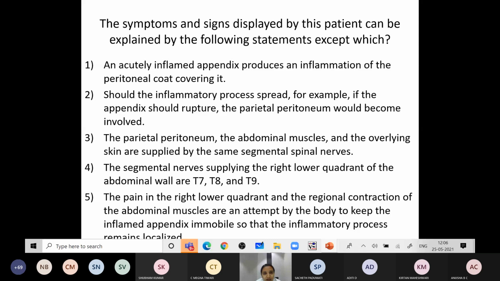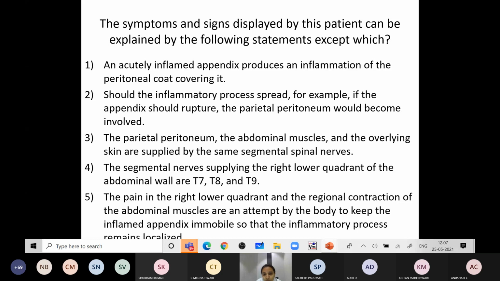The symptoms and signs displayed by this patient can be explained with the following statements, except which: an acutely inflamed appendix produces an inflammation of the peritoneal coat covering it. Should the inflammatory process spread, for example if the appendix should rupture, the parietal peritoneum would become involved.